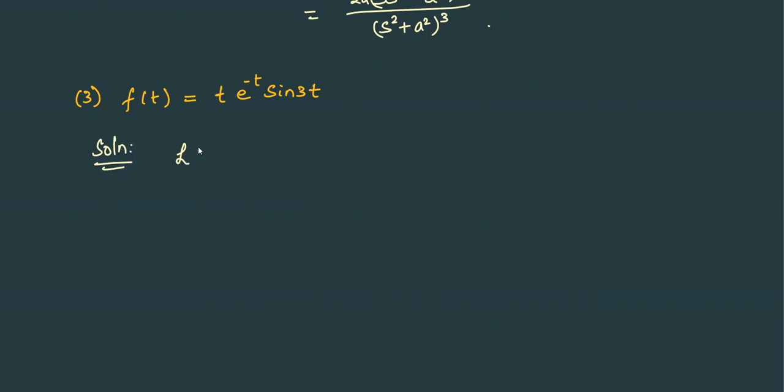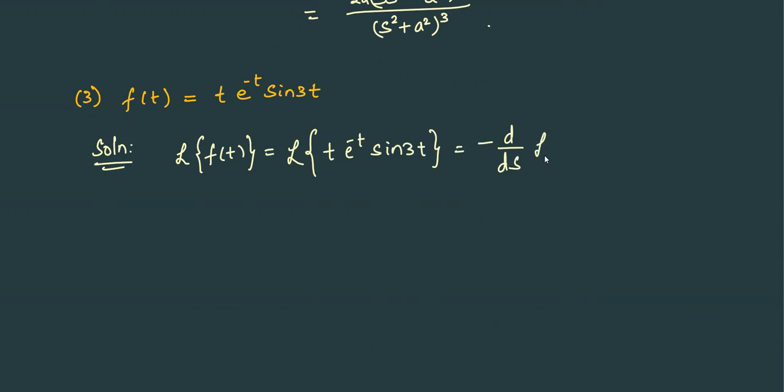Laplace transform of f of t is the Laplace transform of t e power minus t sine 3t, which is minus d by ds of the Laplace transform of e power minus t sine 3t.